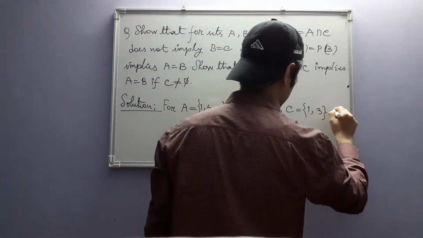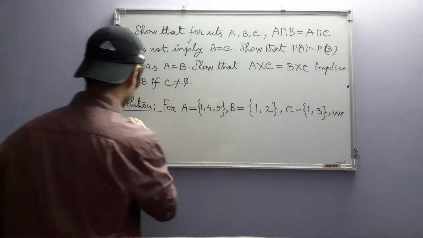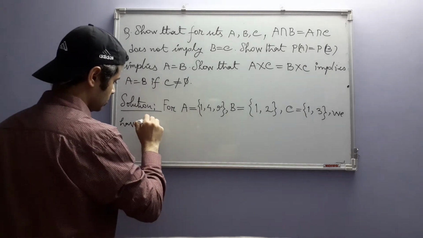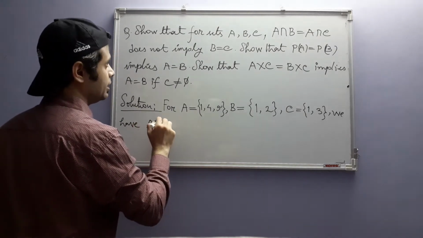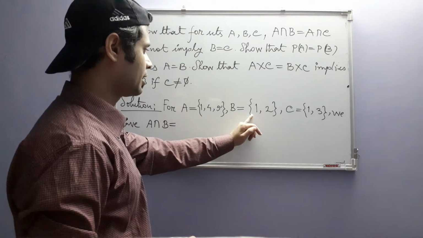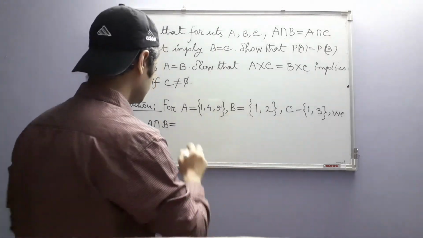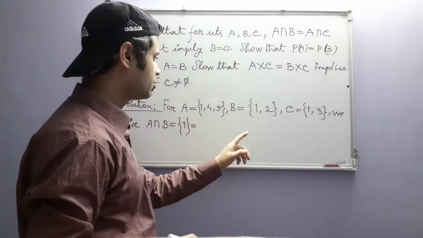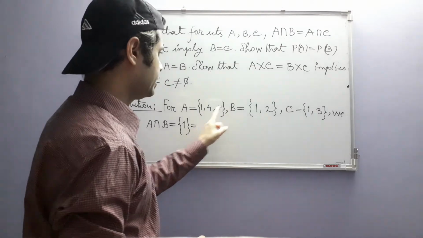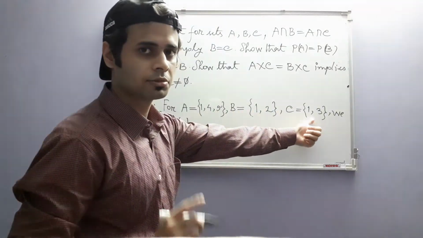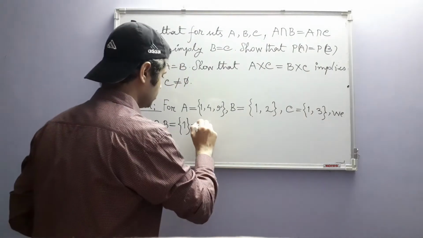For these three sets, A intersection B is what? There is only one element common, which is 1, so {1}, which is also equal to A intersection C. You see, here also only one element is common, which is number 1.